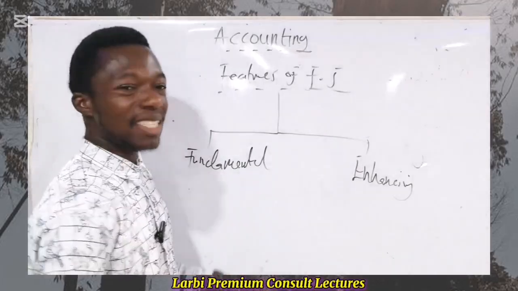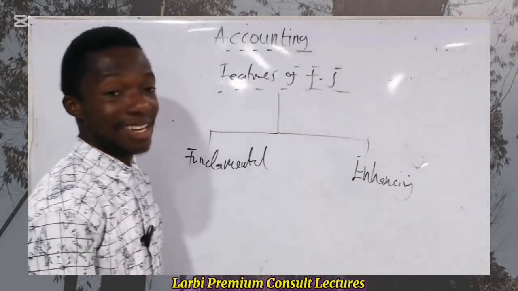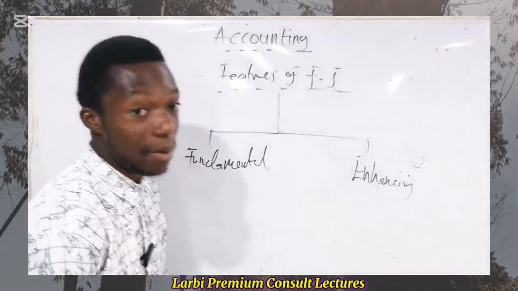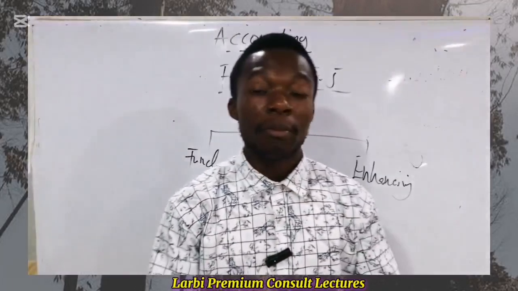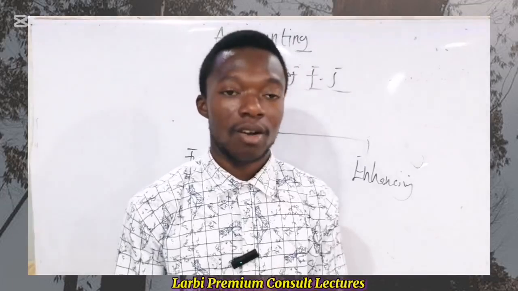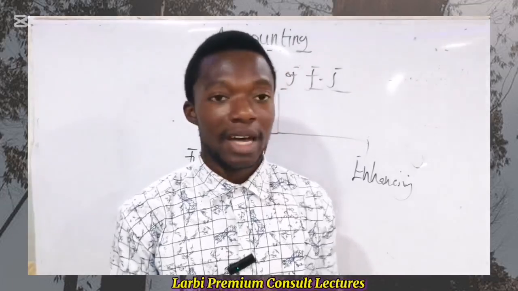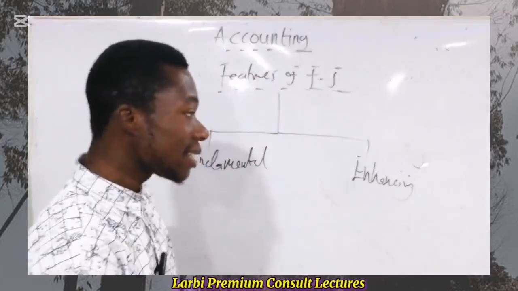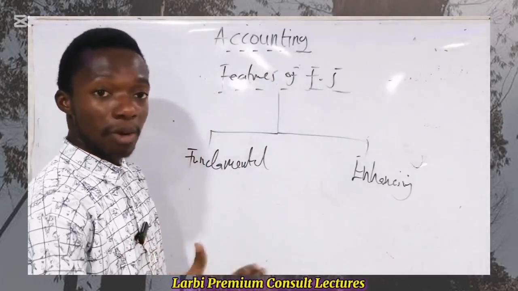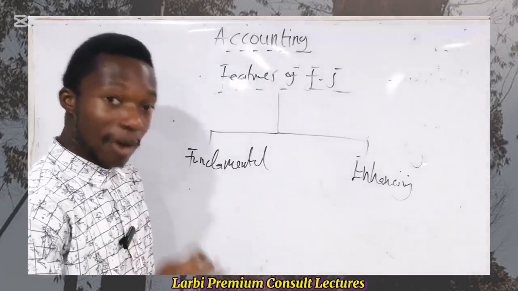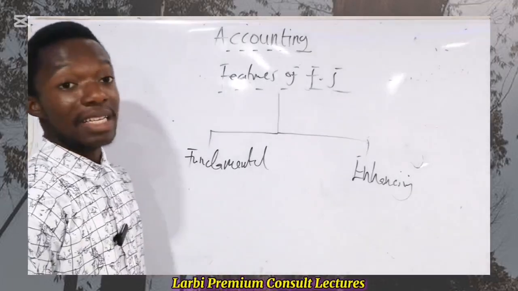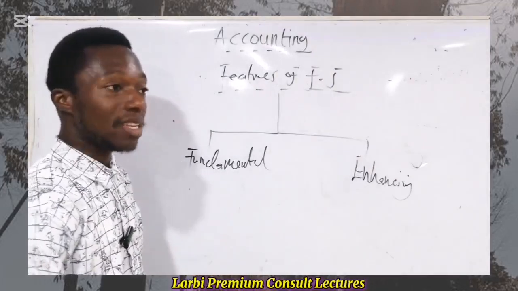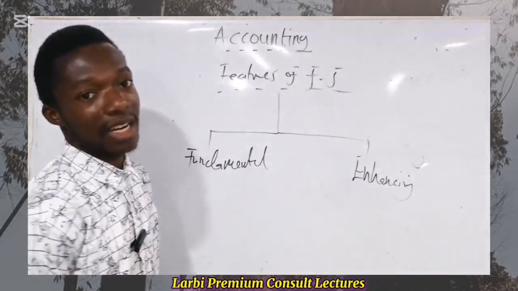What are the fundamental qualitative characteristics of the financial statement or accounting information? When we say something is fundamental, that means it forms the building block, the basis, the foundation of the financial statement. These are the things that when we see them, we can see that this is the foundation of the financial statement.